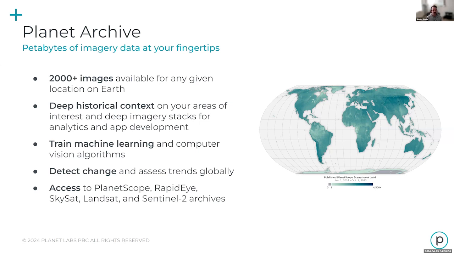And then, of course, our platform itself, we'll dive more into exactly what you have access to. But this archive includes things like the PlanetScope constellations, RapidEye data, SkySat, Landsat, and Sentinel-2, all within your access.